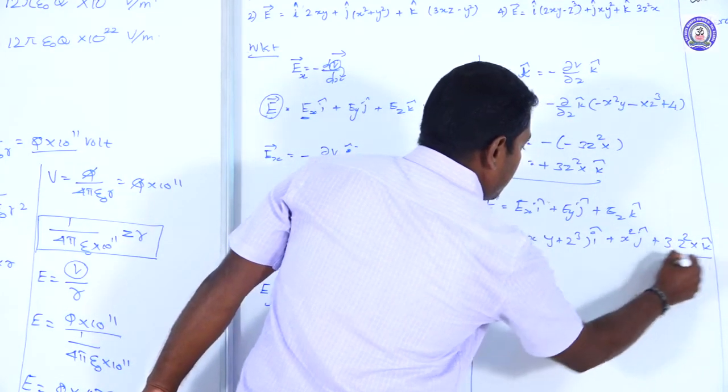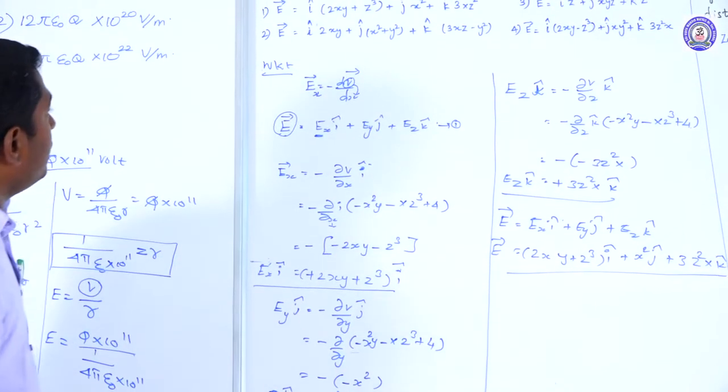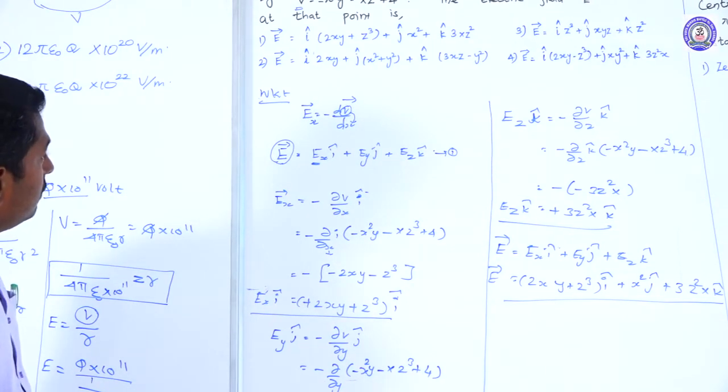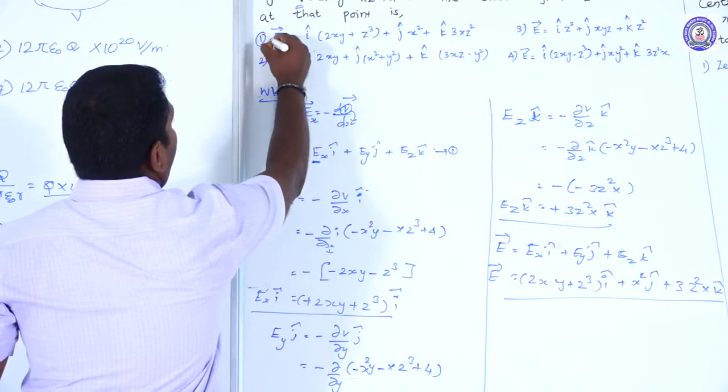This is the resultant electric field intensity at a point in space. First choice.